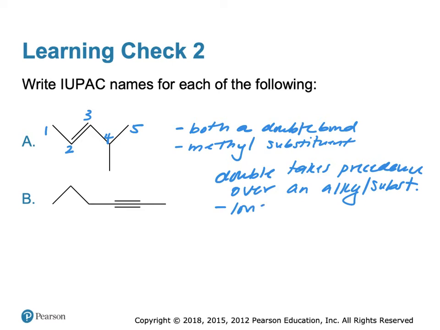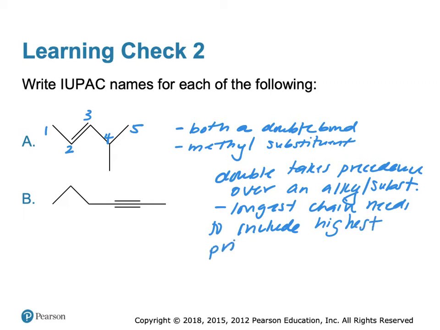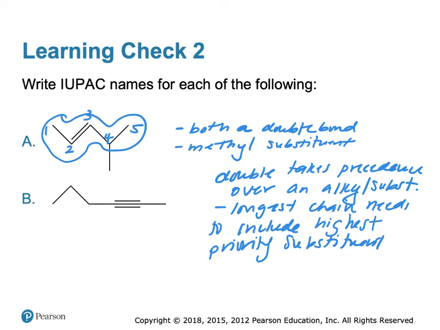So the longest chain needs to include the highest priority substituent. And as you can see, it does. This is my longest continuous chain, and it contains the double bond.